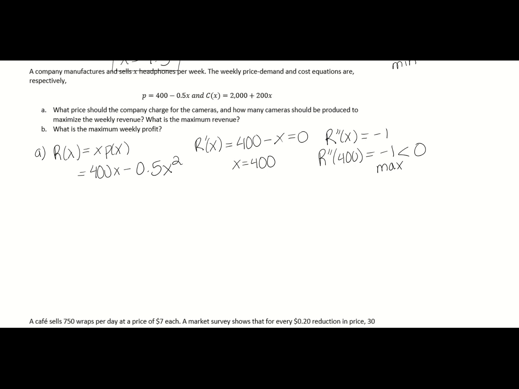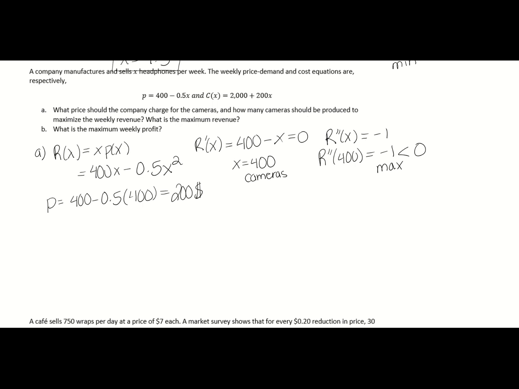So I know I need to sell 400 cameras. Go back to what the question asked. It said, what price should the company charge? So I need to get the price: P is equal to 400 minus 0.5 times 400, which is going to give me $200. So I need to sell at $200 per headphone.